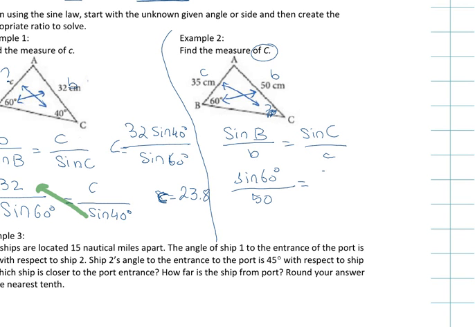So to find sine C, what do I do? Yeah, so you just have to multiply this by this, right? Because you want to get rid of that division by 35. Okay, so that's going to be 35 sine 60 all over 50 equals sine C.